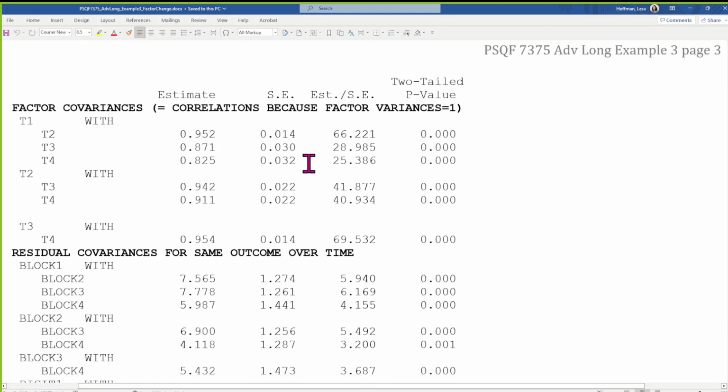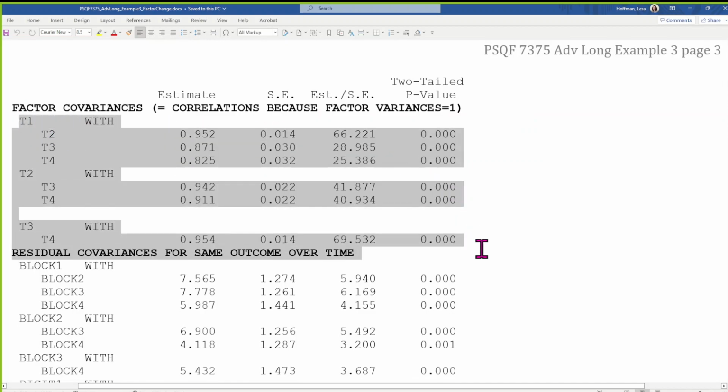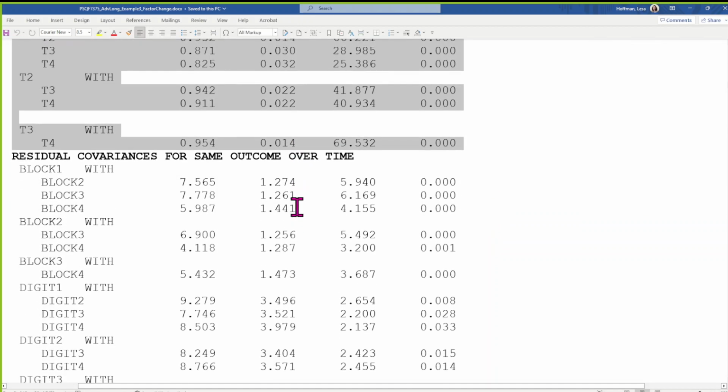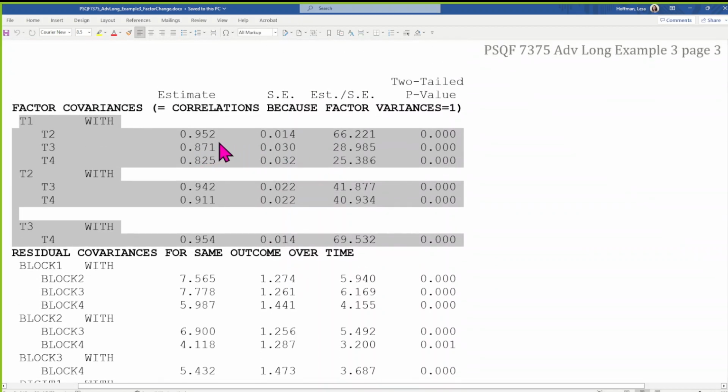Turn the page here. Factor covariances. This is how highly related the factors are over time. With respect to the structural model, these are the covariances that the random intercept and random slope are eventually going to be trying to recreate.